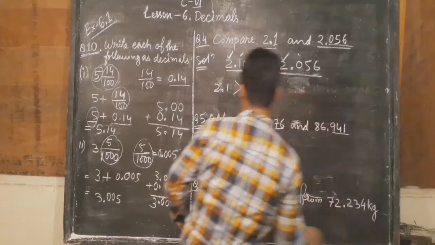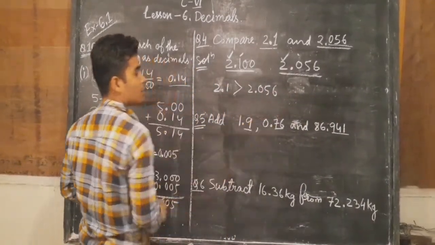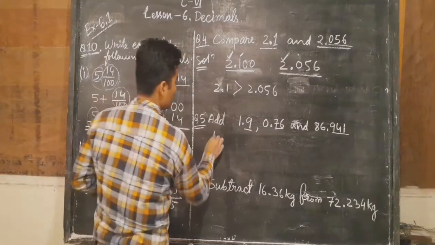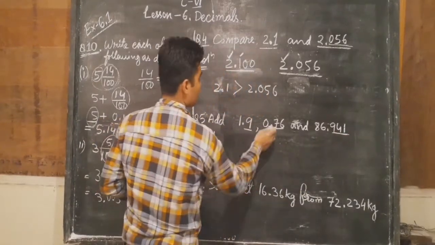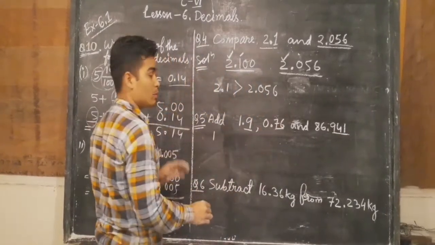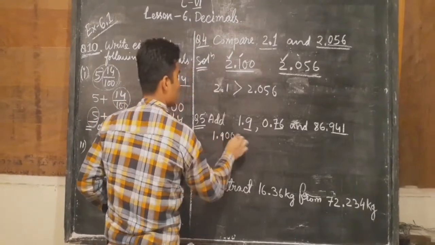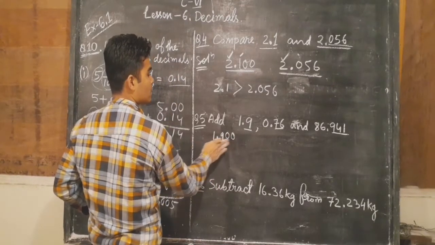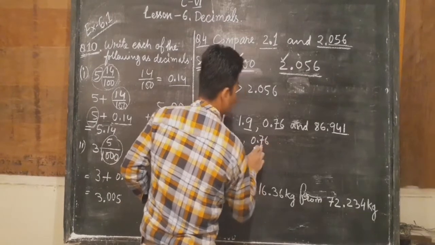To not make mistakes, always remember, first you make the decimal numbers into like decimals. So you can see the highest is 3 decimal places. So all the decimal numbers we have to make 3 decimal places. So for 1.9, if we put 2 zeros, it now has 3 decimal places. The next number, what is 0.76? It has 2 decimal places.